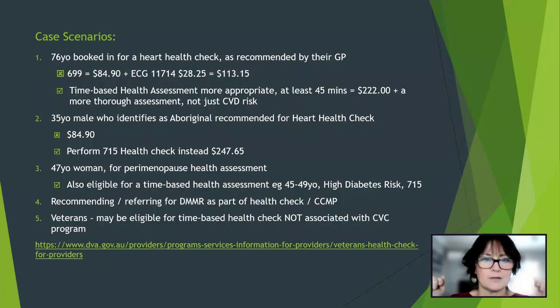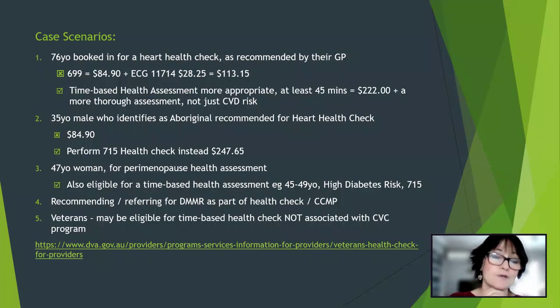We're going to be spending probably around about the same time, 30 to 45 minutes minimum. Then we're going to quadruple or triple that income for the practice, but also we're actually going to be providing much, much better healthcare to this person rather than just focusing on one thing, their heart health.